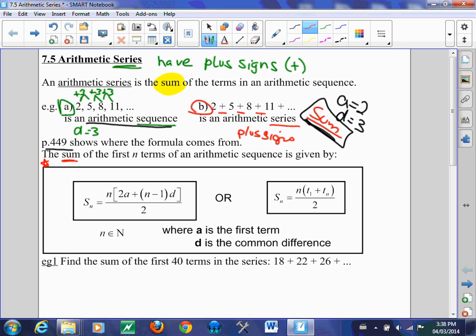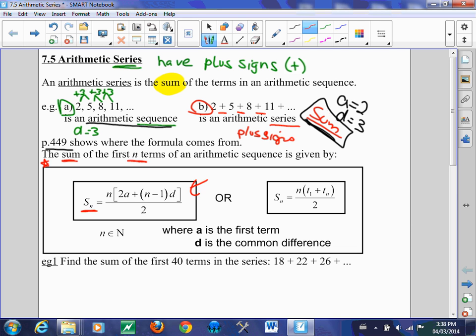Okay. The sum of the first n terms of an arithmetic sequence is given by the following. What's different, and you'll notice the difference in the formula, is it's S sub n, which means the sum of all the numbers, as opposed to t, which was your term number. And in both these cases, you notice there are 2 formulas, ladies and gentlemen.